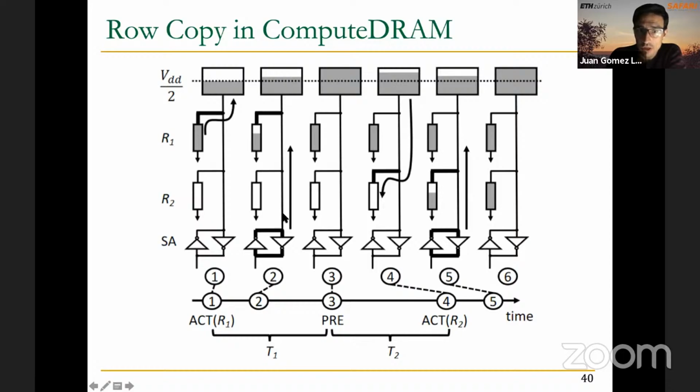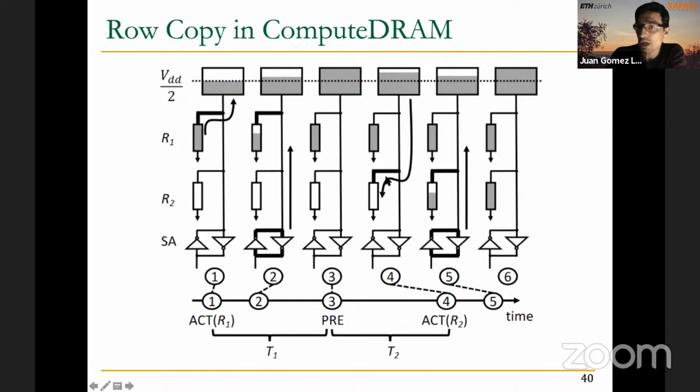At that point, we activate the sense amplifier, and this restores here the charge of the capacitor and puts the whole bit line to VDD. So at this point, we have the highest voltage VDD in the bit line.